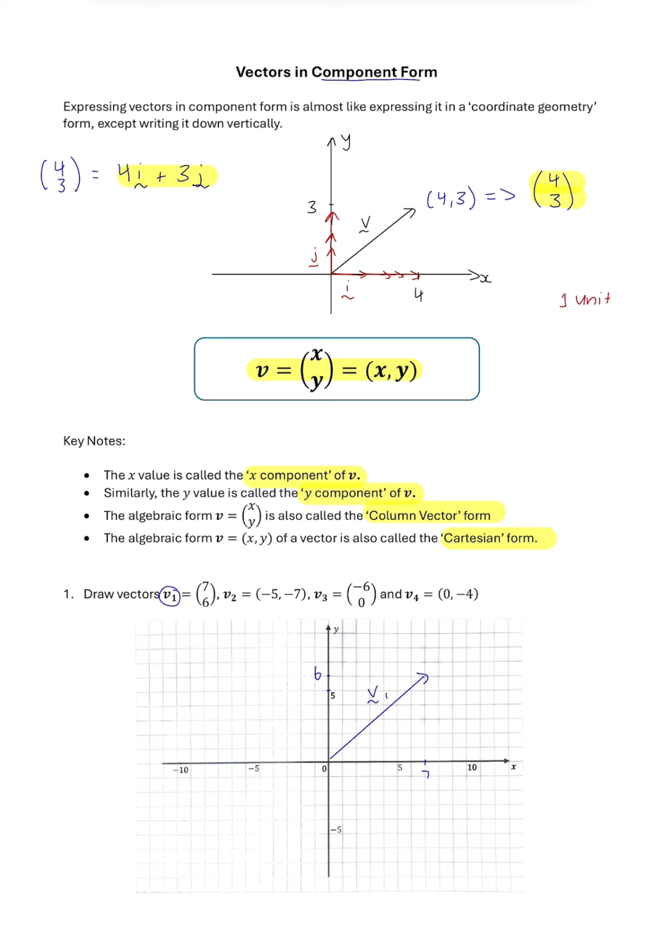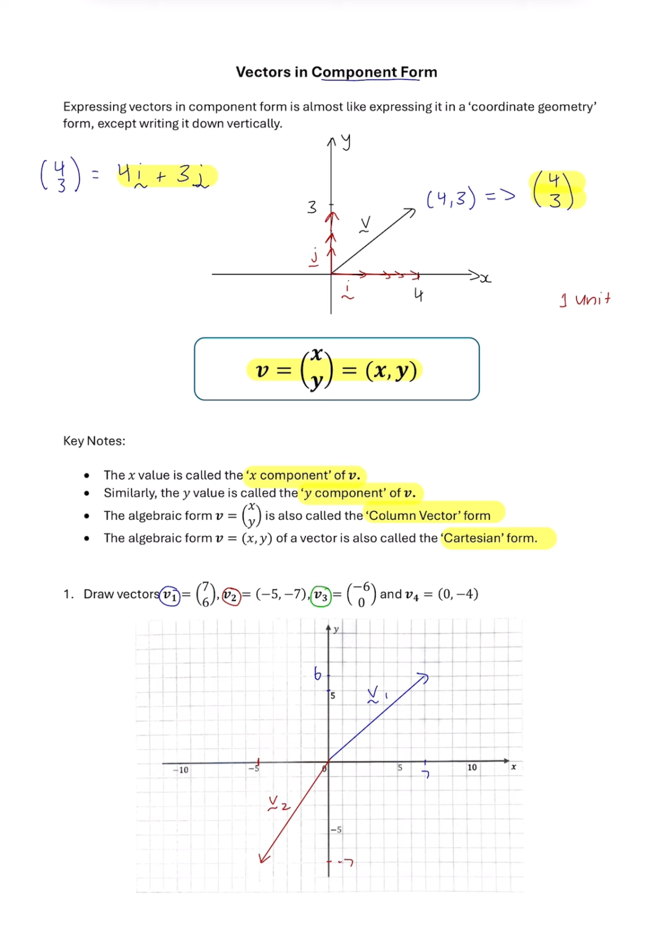And remembering these, assume that you're starting from the origin. Looking at vector 2, notice that I'm at -5 and I'm at -7. So my vector 2 is going to be here.